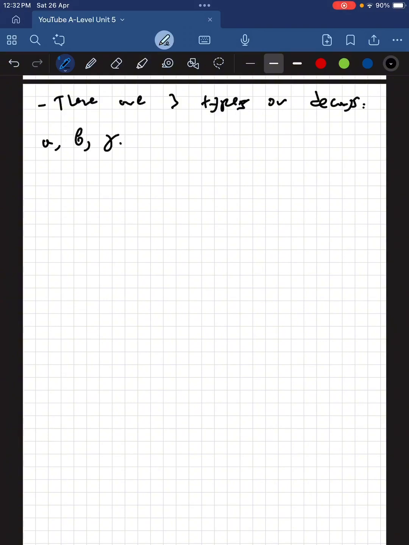Alpha, beta, and gamma. I'm going to keep the discussion about the radioactive decay law for the end. So let's talk about these decays one by one. So alpha decay usually occurs in heavy nuclei.